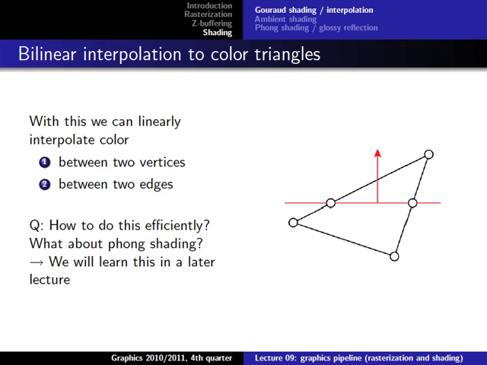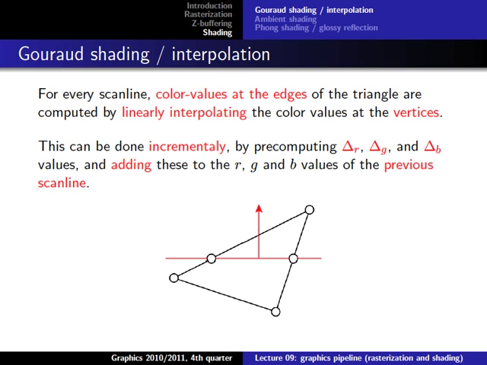So we use the scanline algorithm for this. We take the color values, for example C1 here and C2 here, and then we move along the scanline. We calculate the delta R, delta G, and delta B value, and then we add them for each step of our scanline.